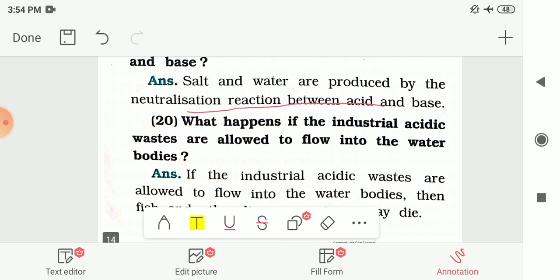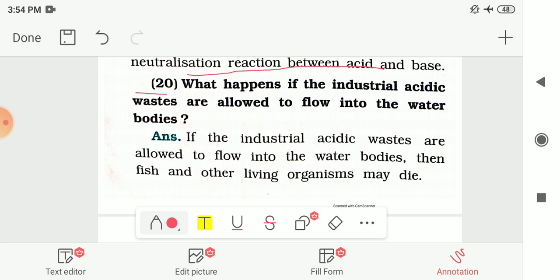Next, 20th number, what happens if the industrial acidic waste is allowed to flow into the water bodies? What will happen if we directly allow this industrial acidic waste to flow in the water bodies like ponds, rivers?